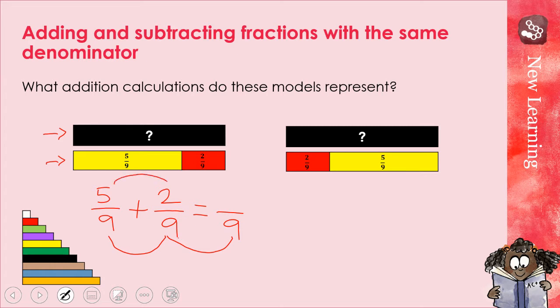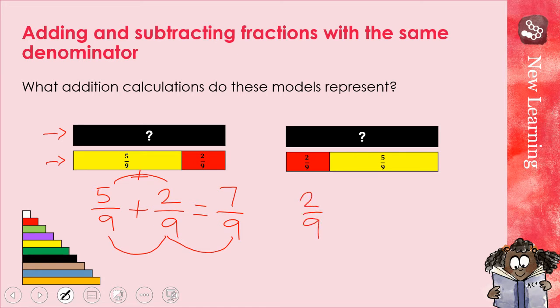We're going to add on 2/9. What is 5 add 2? Well, it's 7. 5 add 2 equals 7. Therefore, 5/9 add 2/9 is equal to 7/9. Exactly the same here. I've got the same problem, but just the inverse.